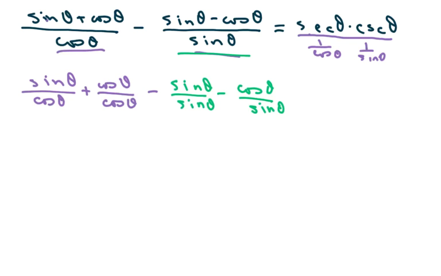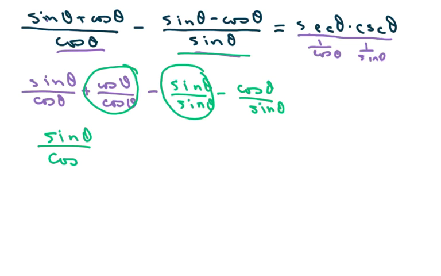Now when you do that, you're going to get this equals 1 and this equals 1. So if I write this out, you get sine of theta over cosine of theta plus 1 minus 1 minus cosine of theta over sine of theta. The reason I did that is now my 1's cancel.